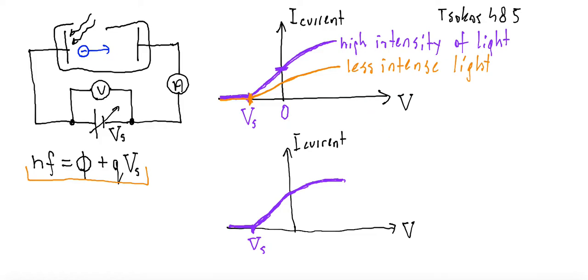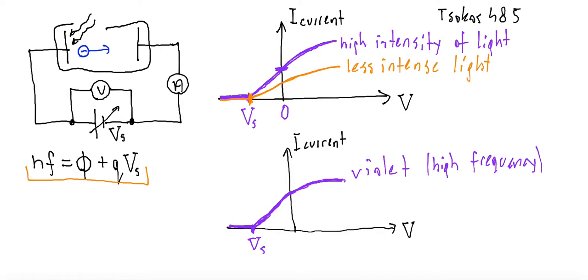Okay, so now let's imagine that the same surface is illuminated by light of lower frequency. Violet means high frequency. Let's imagine that the same surface is illuminated by green light. Green has lower frequency.